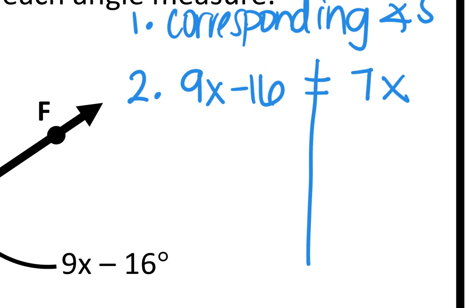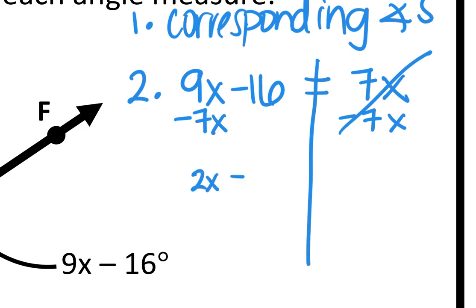The easiest thing for me is to move 7x over, so I don't get a negative x. I don't want to deal with a negative x. So watch what happens. Because I have a positive 7x on the right side, I'm going to subtract. That means that goes away, right? 9 minus 7 gives me 2x.